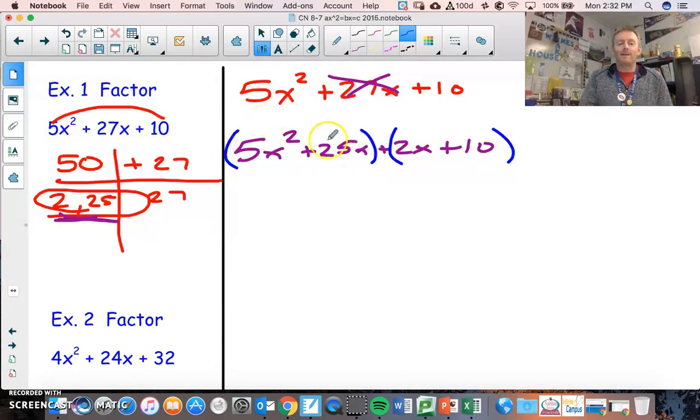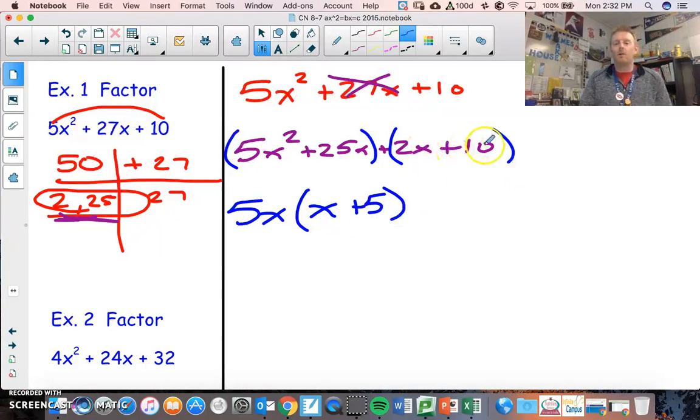Now I'm going to take things out. The GCF of 5x squared and 25x would be a 5 and an x. When I do that, I'm left over with an x plus 5. Now my goal is that I'm going to end up with another x plus 5 when I factor out of this one. So I factor out a 2 on this one because that's the GCF that I can take out. So I'm left with an x plus 5 again.